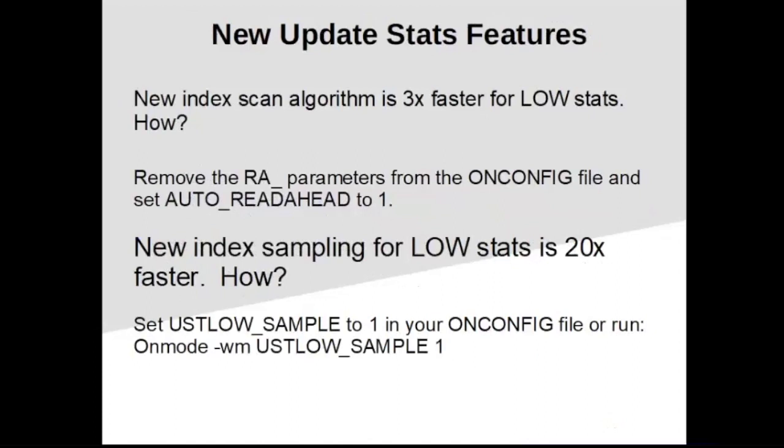But in order for that to happen, you have to have auto read ahead set to 1, which can be 1 comma a threshold value. And that's much faster than the old sampling. You also have to set UST low sample, use statistics low sample, to 1 in your onconfig. Or you can use onmode to do that.